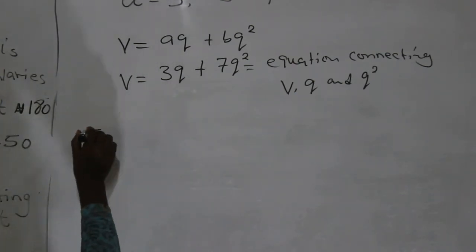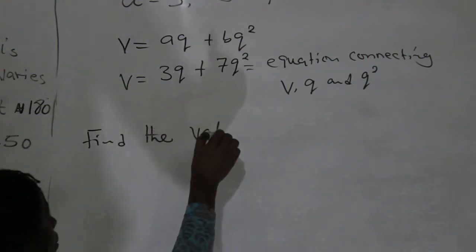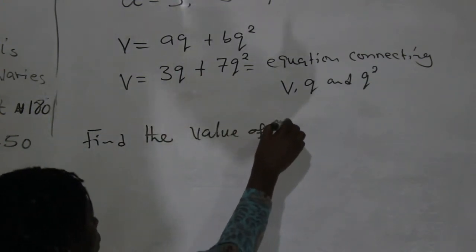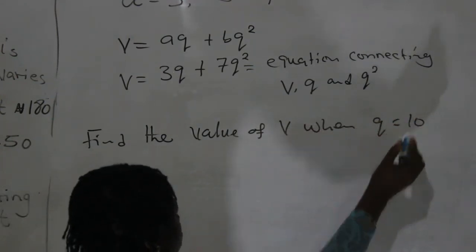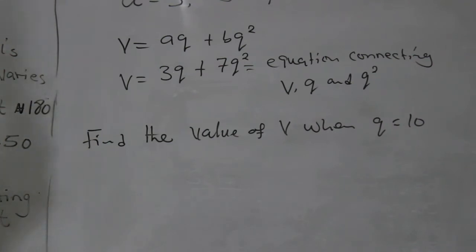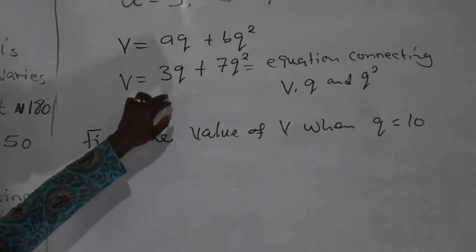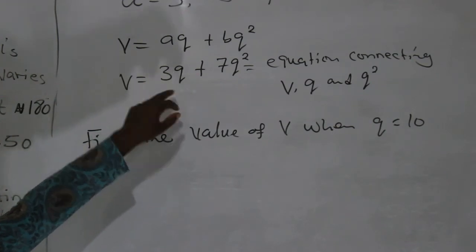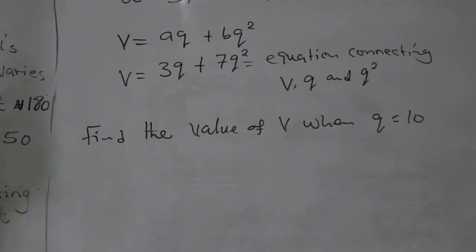So the next question, we have to find the value of V when Q is equals to 10. Find the value of V when Q is 10. So we just substitute for Q in the equation connecting V and Q, including the Q squared.